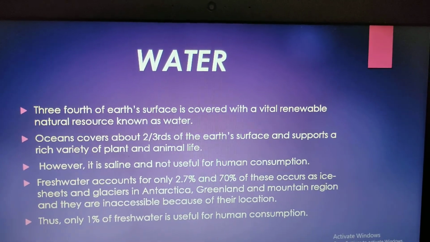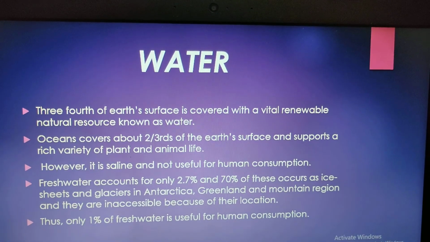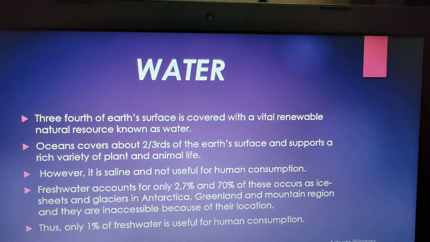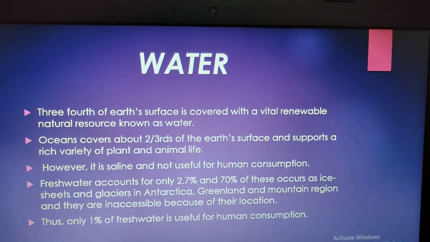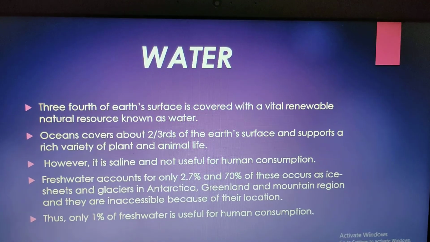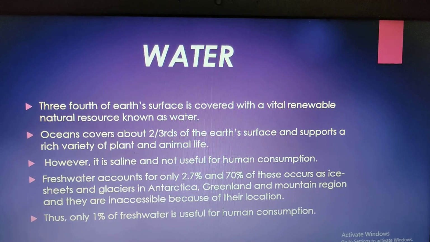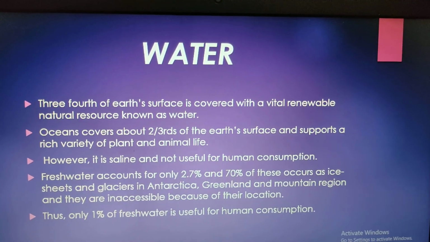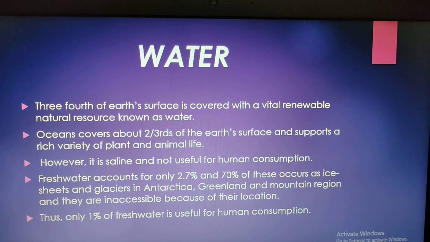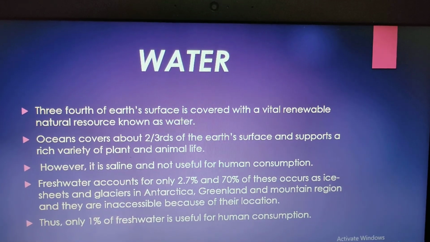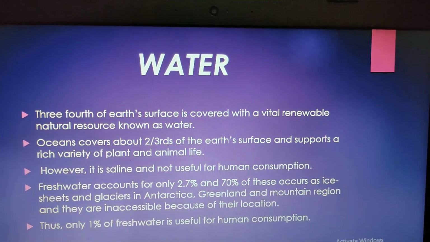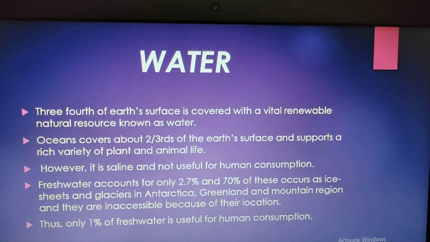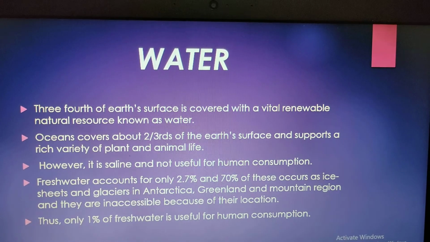But this ocean water, which covers two-thirds of the Earth's surface, is saline and not fit for human consumption, right? Only 2.7% of the fresh water is available for human consumption. But out of this 2.7%, 70% is not accessible to humans.